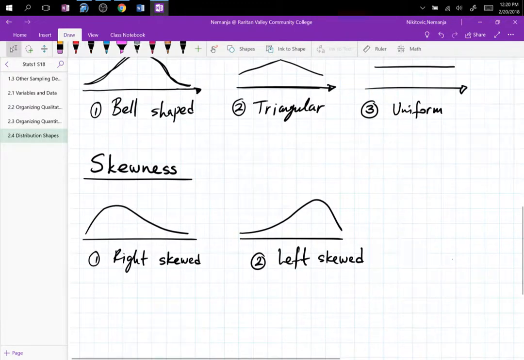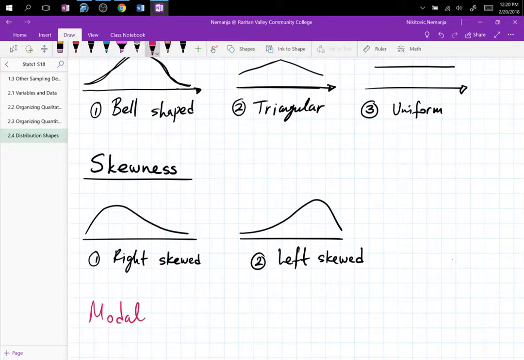So now, modality and skewness are general classifications.